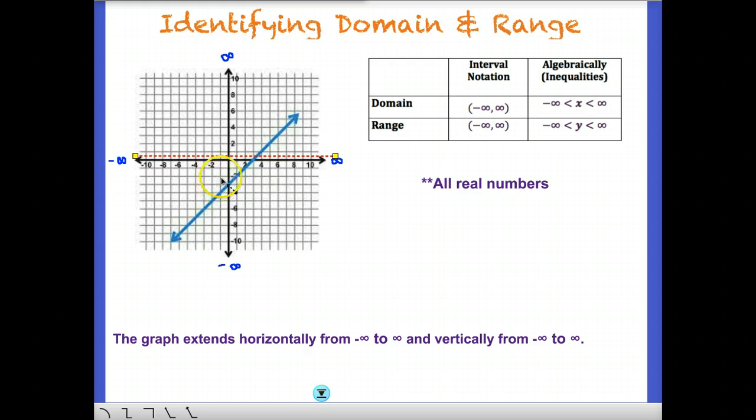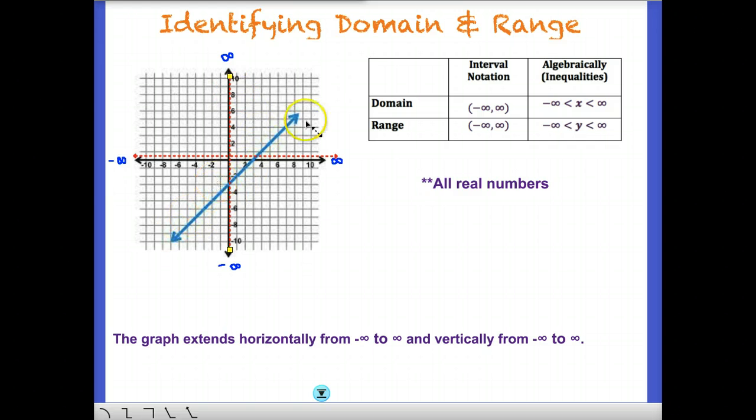Our range, on the other hand, is, remember, vertically from top to bottom. So if we start with our smallest, this graph is heading down, down, down, down towards negative infinity, and up, up, up towards positive infinity. Again, if I turned this graph to the left, I could draw a temporary line here, and it illustrates that I do go from negative infinity to positive infinity.